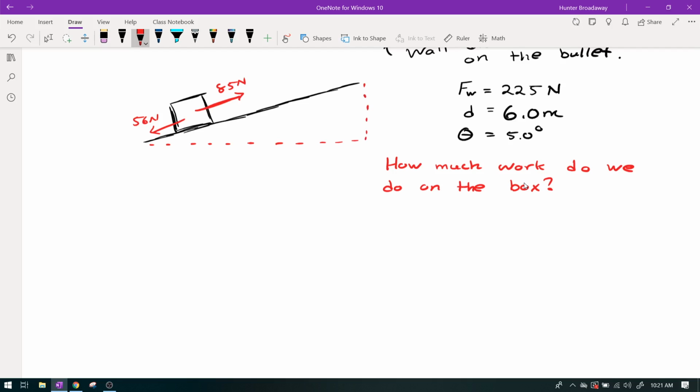The angle here is 5 degrees for the incline, and the distance up here is 6 meters. So we ask ourselves, how much work did we do on the box?